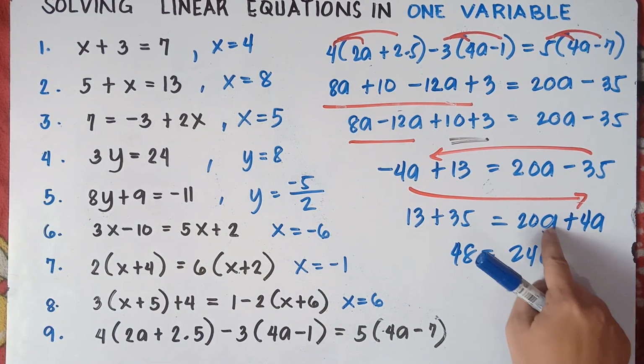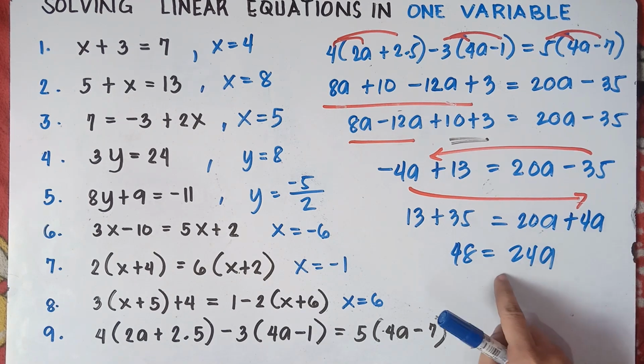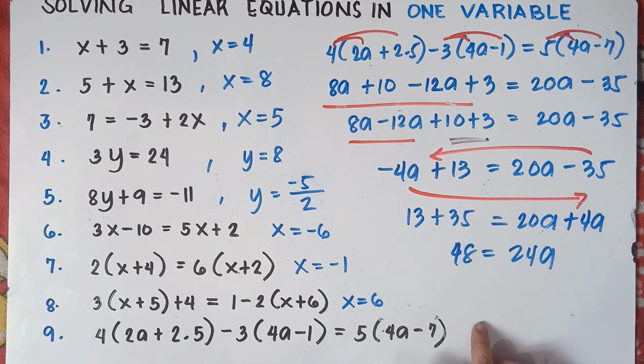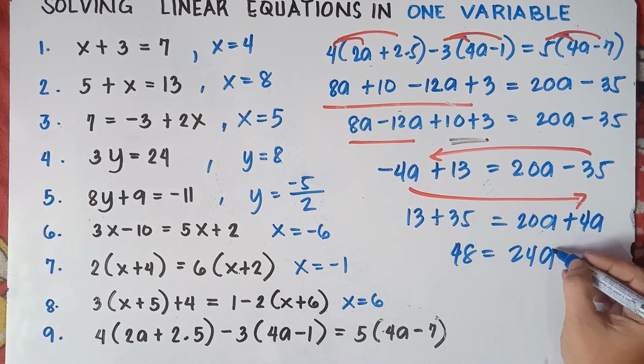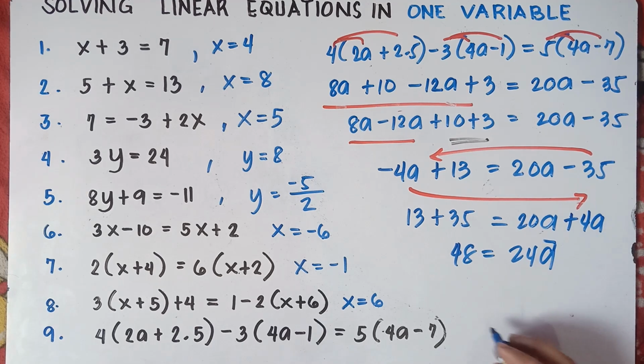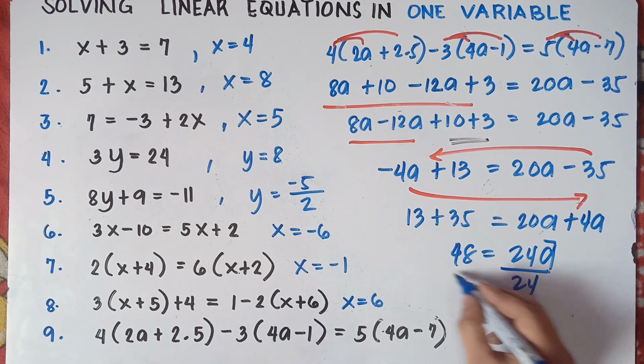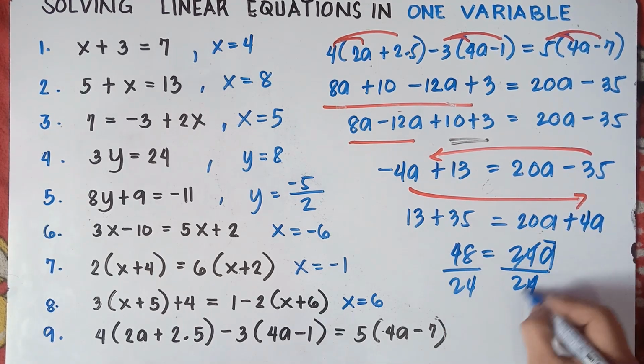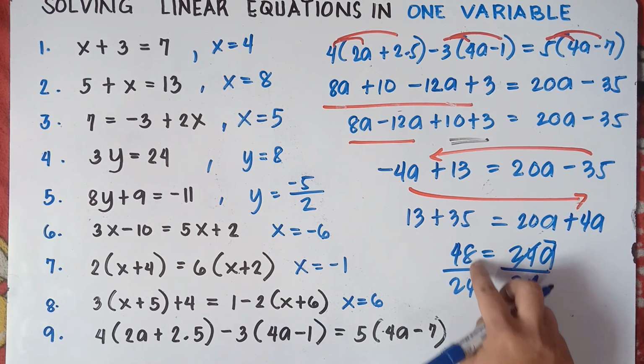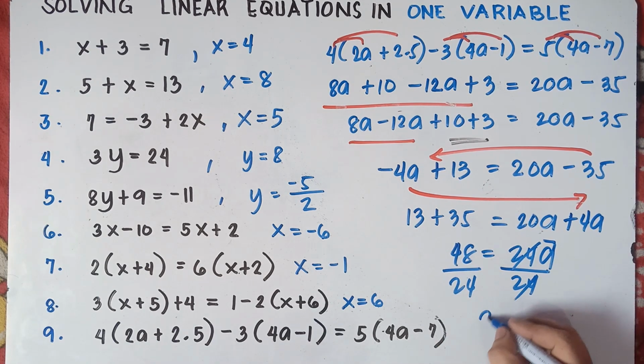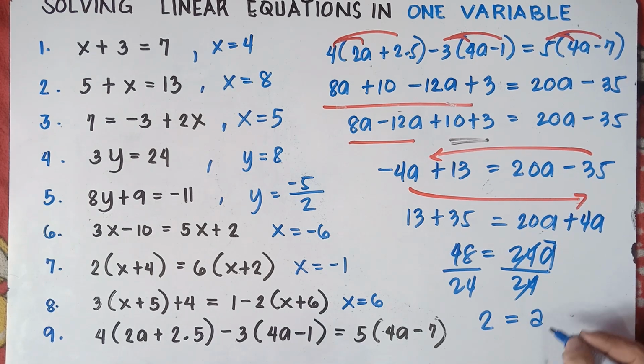In adding algebraic expressions, just simply copy the variable, then add the numerical coefficients. To get the value of a, divide both sides by 24. 48 divided by 24 is 2. So our a is 2.